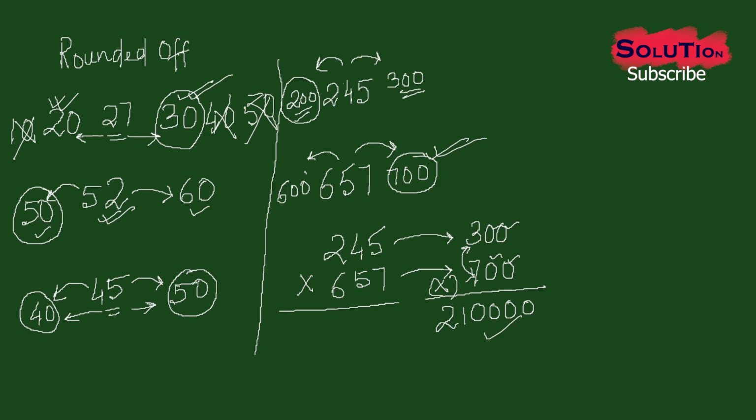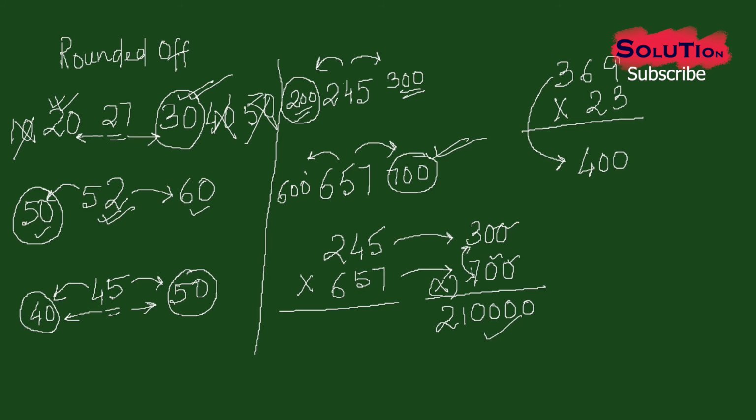Let us take another example, 369 multiplied with 23. I will not multiply directly. Instead of multiplication, I'll round off these numbers. Instead of 369, I can write 400. I have done hundreds round off.